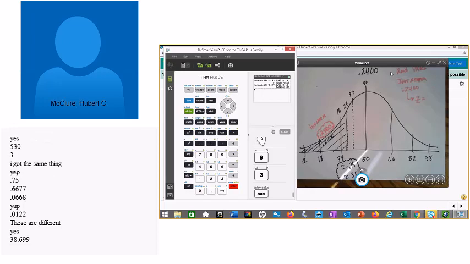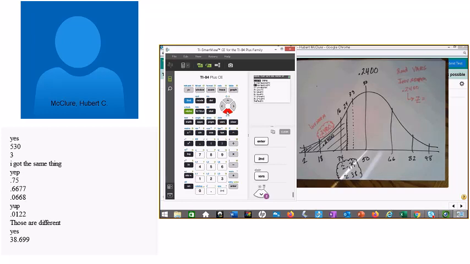Second, I knew it just as soon as I pulled up the calculator. Second vars, I appreciate you doing that, Miss Carver. Second vars, 0.2400.